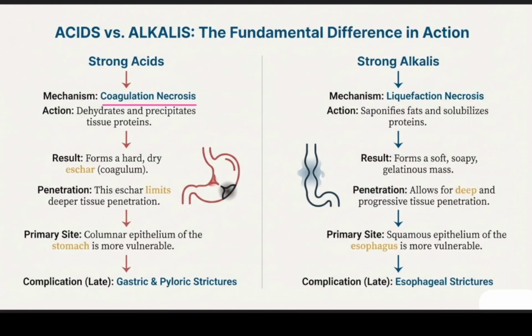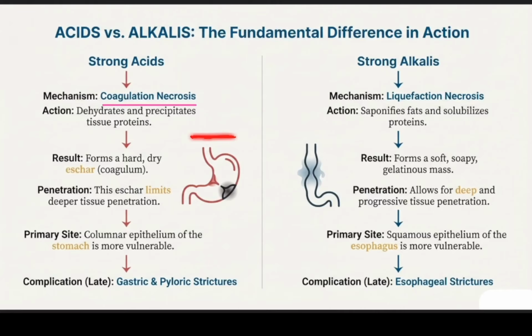Because of that, there is going to be eschar formation. And remember what kind of eschar? That is going to be a hard, dry eschar, which is a coagulum. This particular eschar limits deeper tissue penetration, because one layer is formed, so the acid cannot go into the deeper tissues.